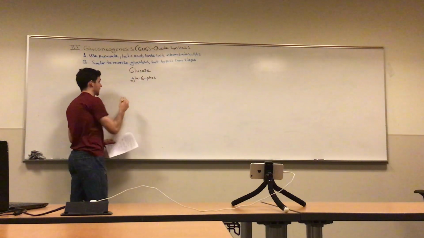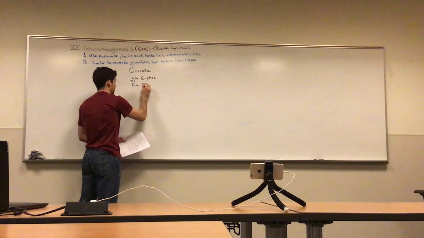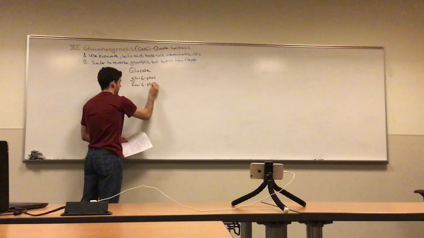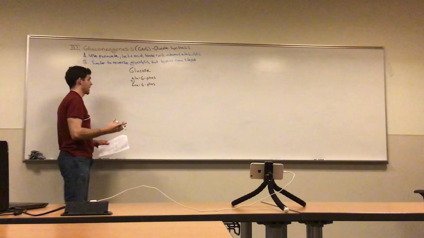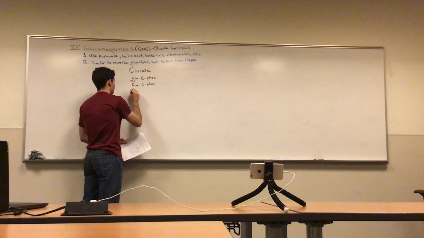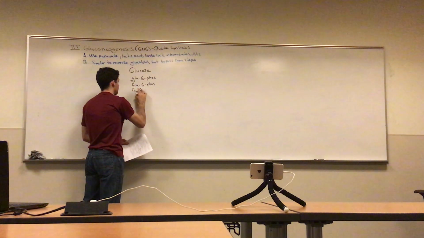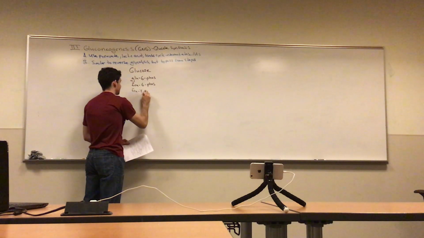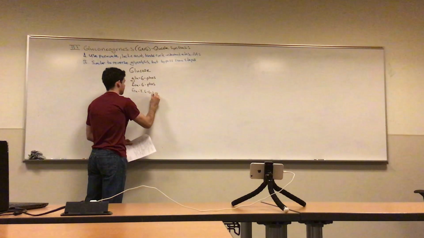Then we isomerize it, so we get fructose 6-phosphate. Then we stick another phosphate onto that, so we get fructose 1,6-bisphosphate.